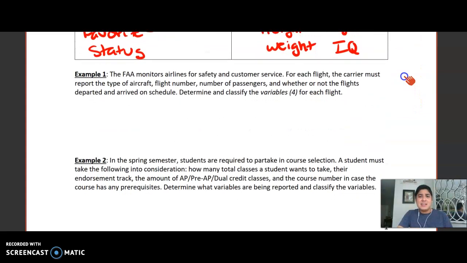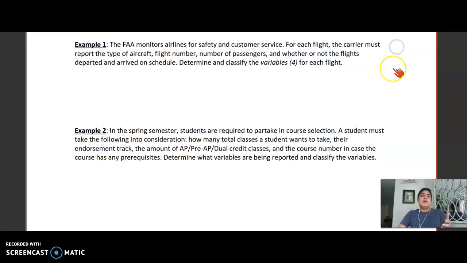So let's go ahead and take a look at an example, and then you'll try one out on your own. The FAA monitors airlines for safety and customer service. For each flight, the carrier must report the type of aircraft, the flight number, number of passengers, and whether or not the flights departed and arrived on schedule. Determine and classify the variables for each flight. So pretty simple. We need to talk about what we are looking at here, which variables.